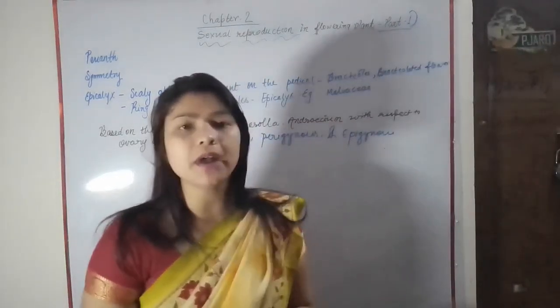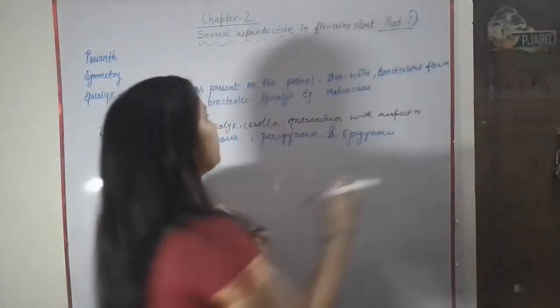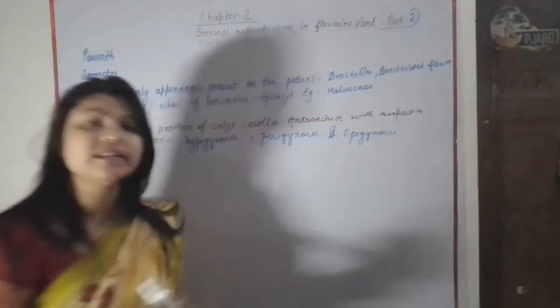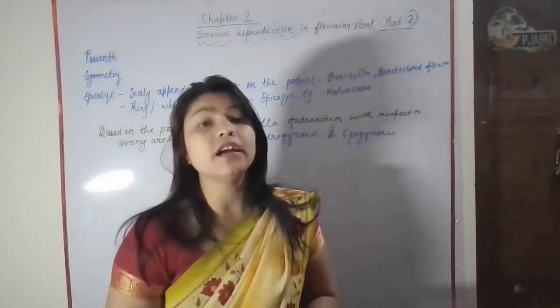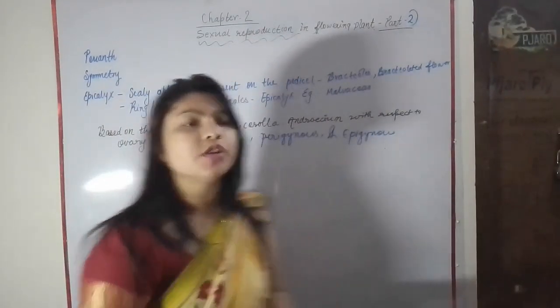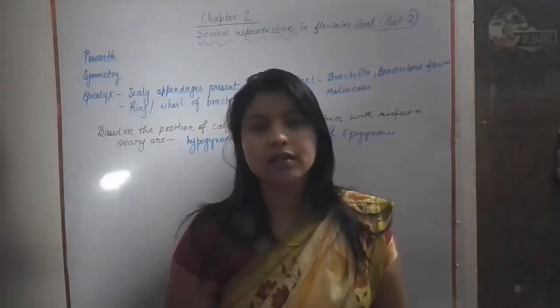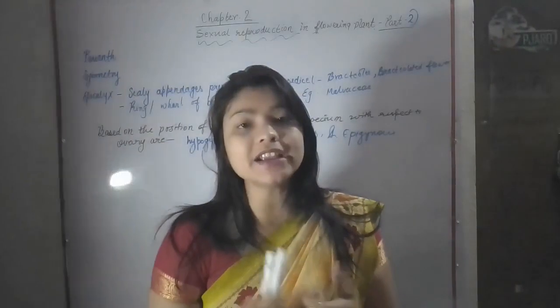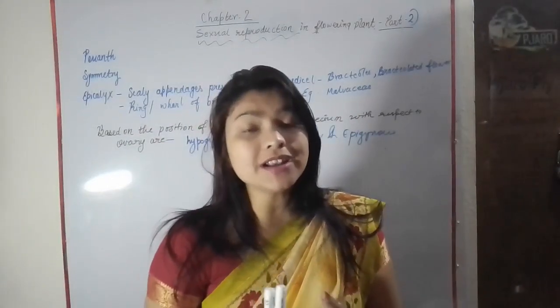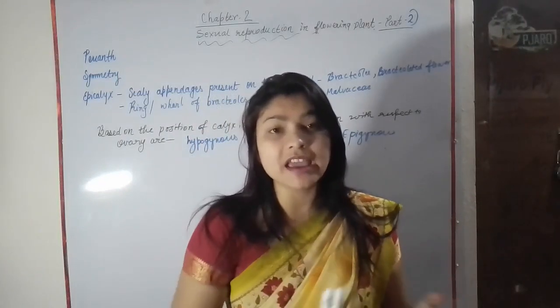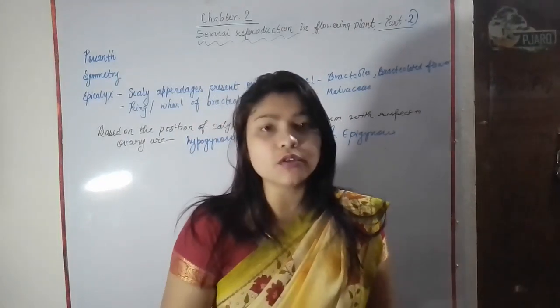So in this part, which is part number 2, we are going to discuss another term which is used in a flowering plant. Here you can see the first term is the perianth. Perianth is what? When your calyx and corolla are not distinguished, or we can't identify whether it is calyx or corolla.